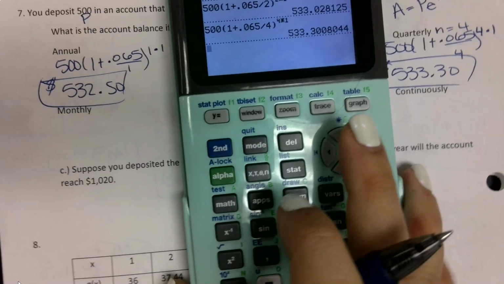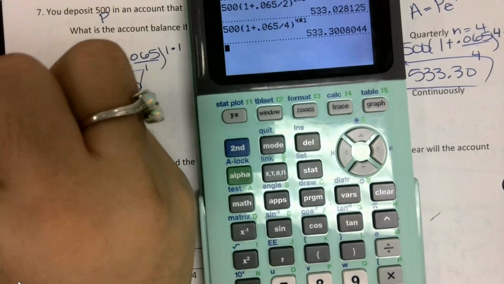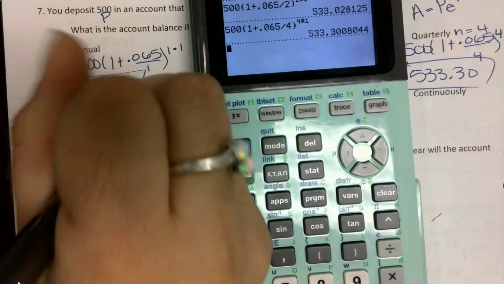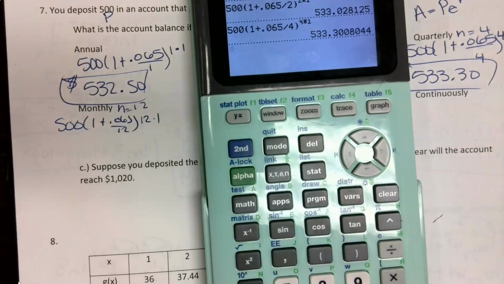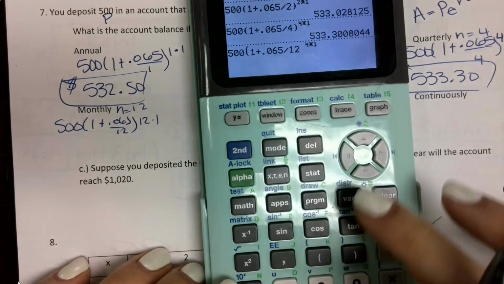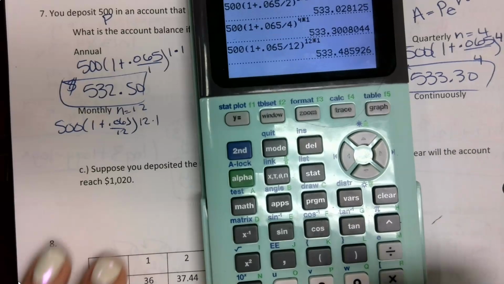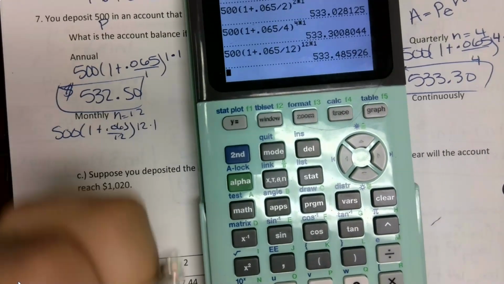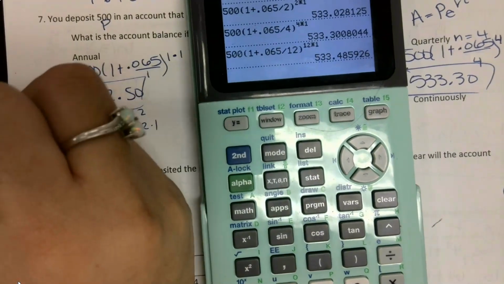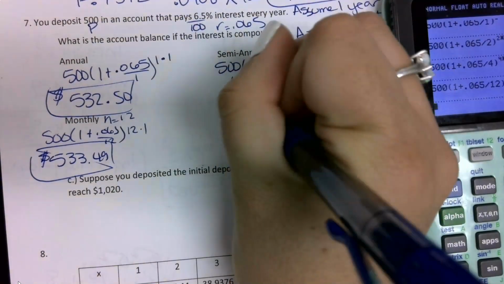Next one is monthly. There are 12 months in a year. Can I go ahead and enter that? Which gets me $533.49. My next one says daily, 365 days in a year.